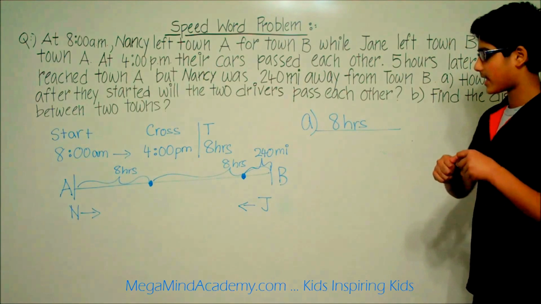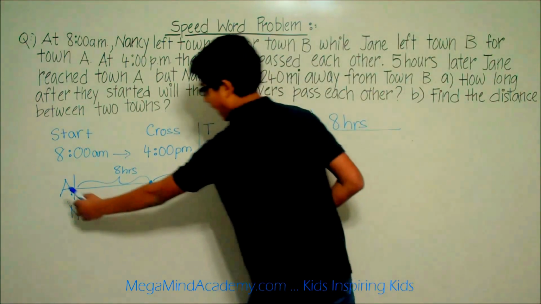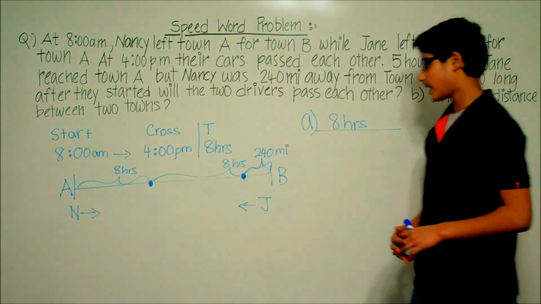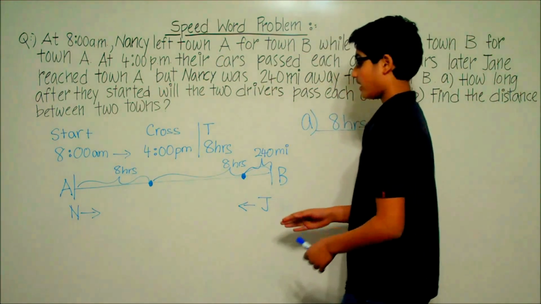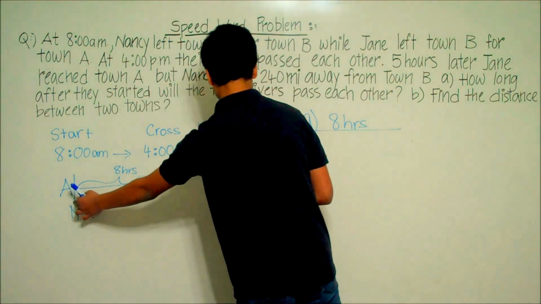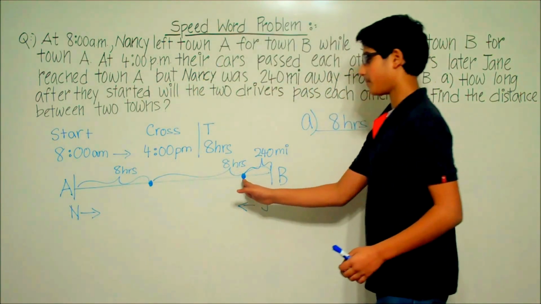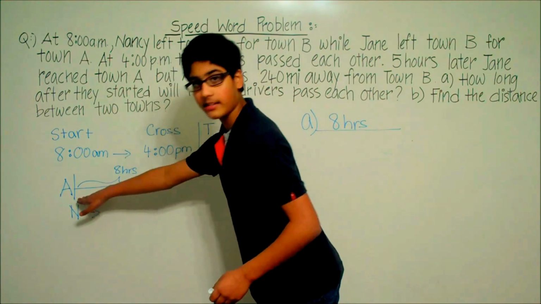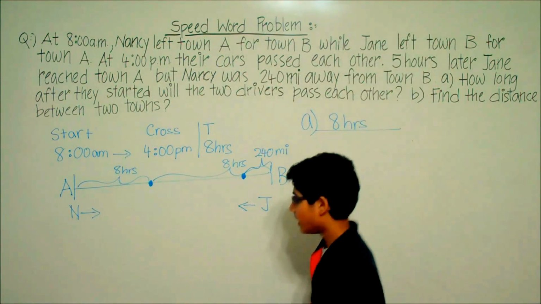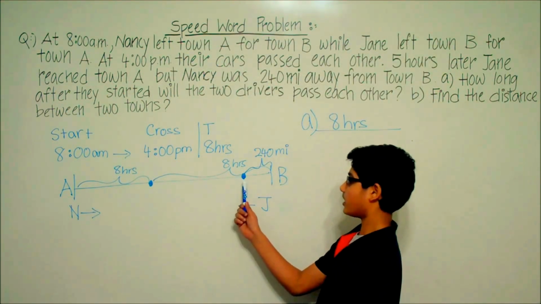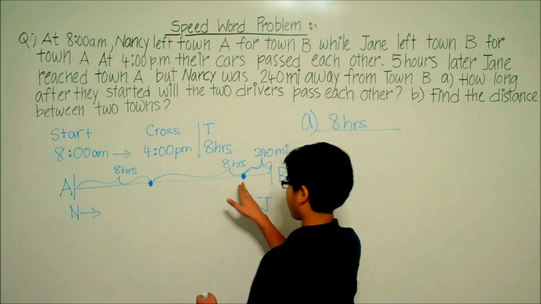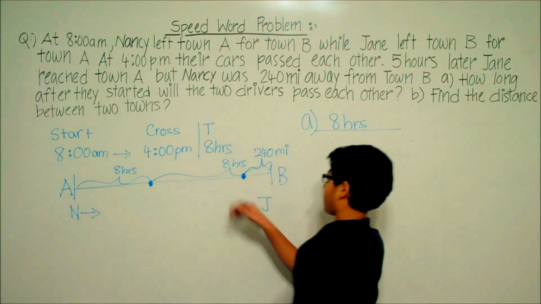Now we know that together they traveled in 8 hours the distance from town A to town B. And together in 5 hours they traveled the distance from town A to this point. Because Jane traveled from here to town A in 5 hours, and Nancy traveled from here to here in 5 hours. So together in 5 hours, they could travel from town A to this part.